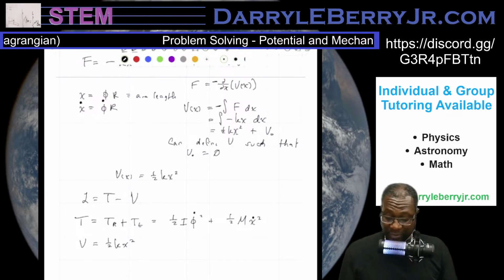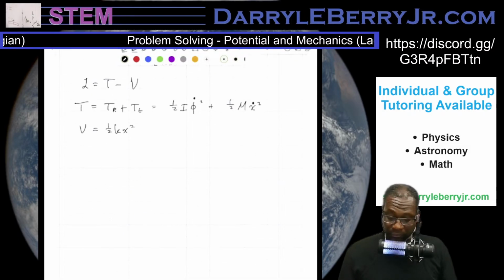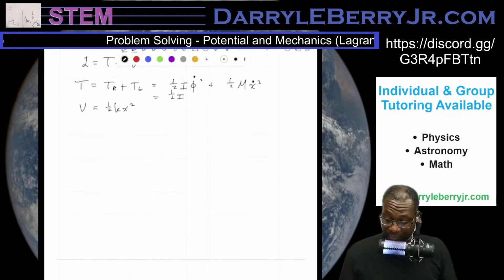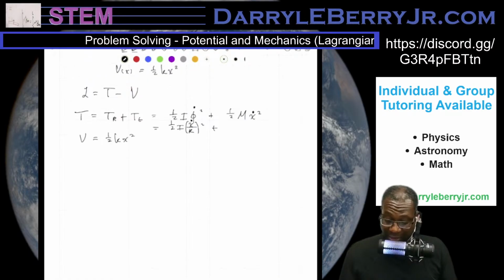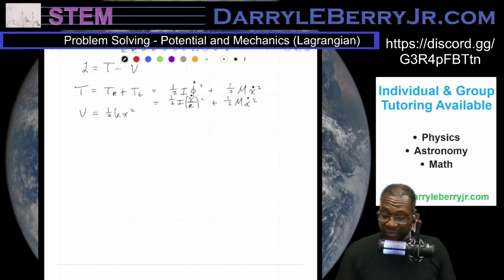So I can say that phi dot equals x dot over r. So this will equal 1/2 I x dot over r squared plus 1/2 m x dot squared for the center of mass.